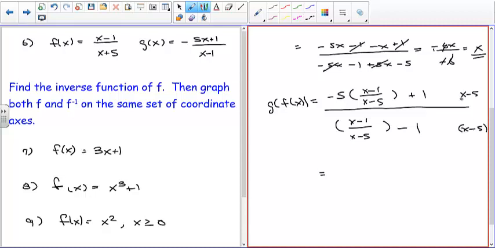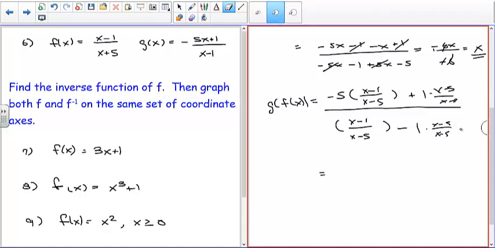Actually, what we're really doing is multiplying just the last term by x minus 5 over x minus 5. And same way over here, we're going to multiply this by x minus 5 over x minus 5. So I'm multiplying both of those by 1. So we'll go back and look at the first one and correct that.